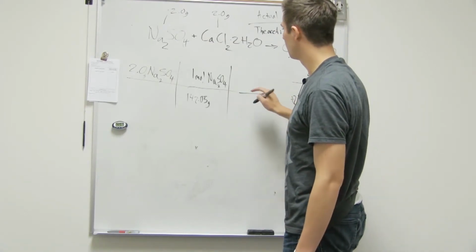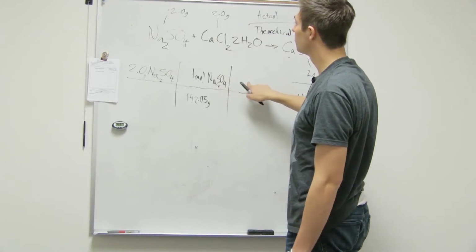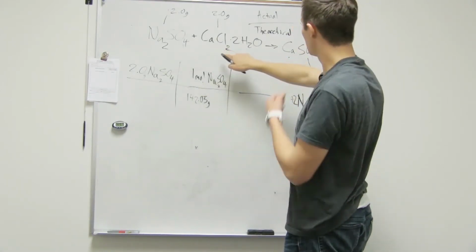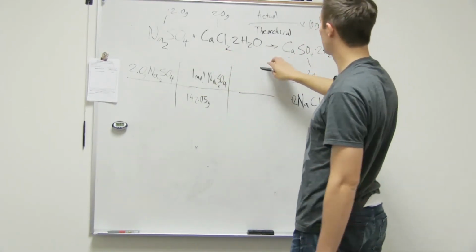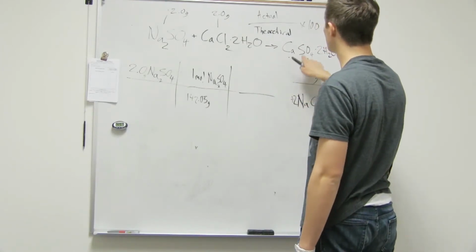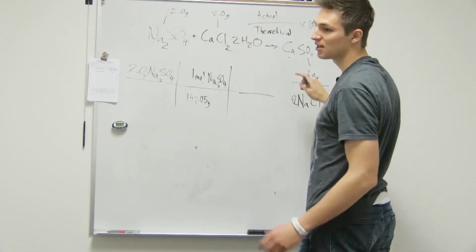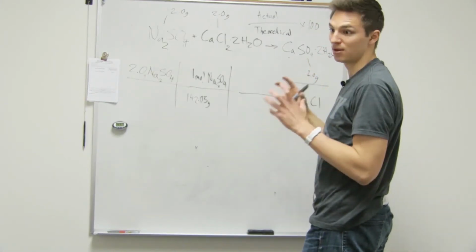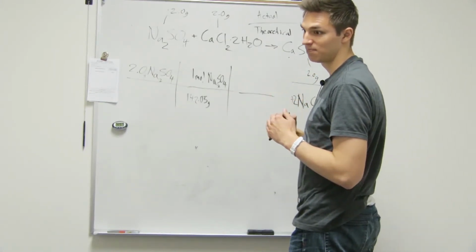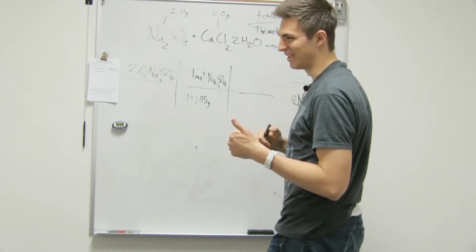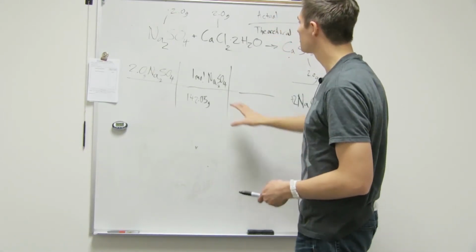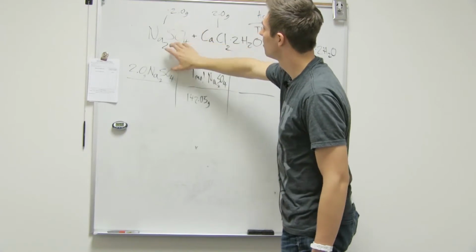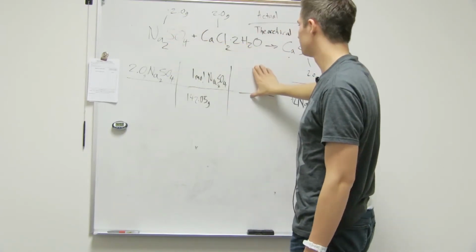Now what? We're going to divide this. We're going to find out how many moles there are. That will tell us how many moles of everything there is. Then, based on the moles and the periodic table, we can find how many grams that amount of moles weighs, right? So we're taking this in grams, going to moles.